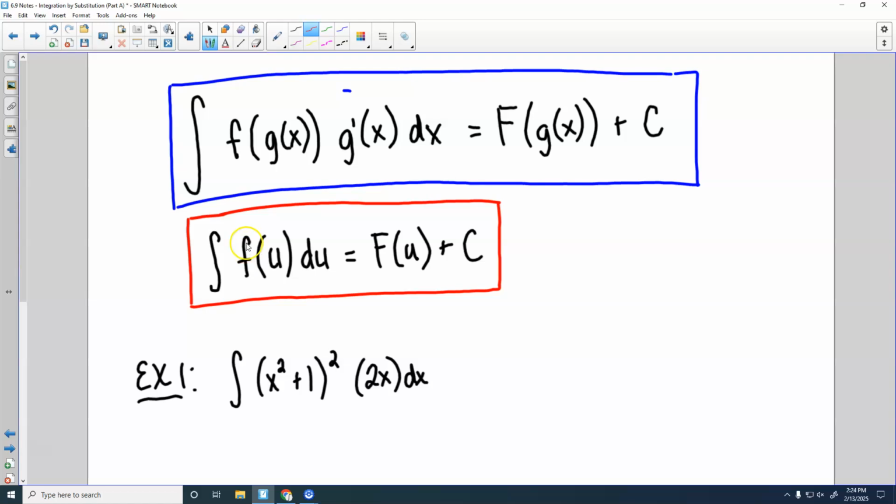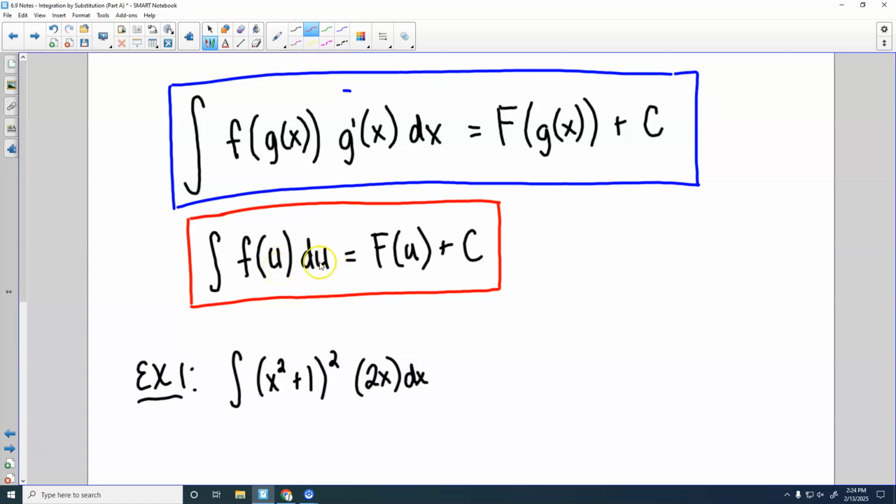And when we integrate lowercase f of u, we get capital F of u plus c.